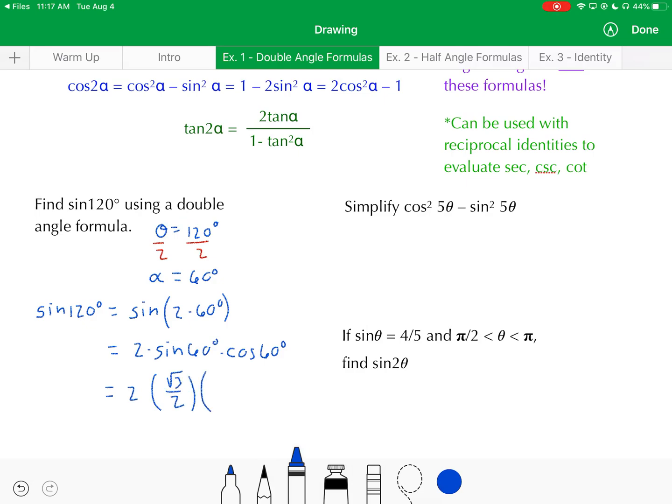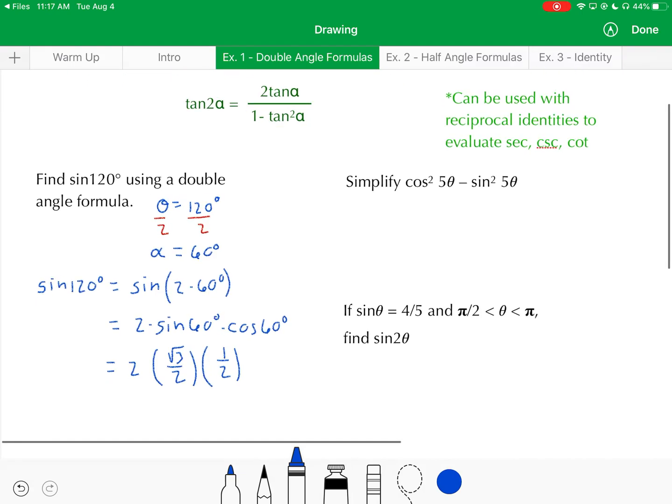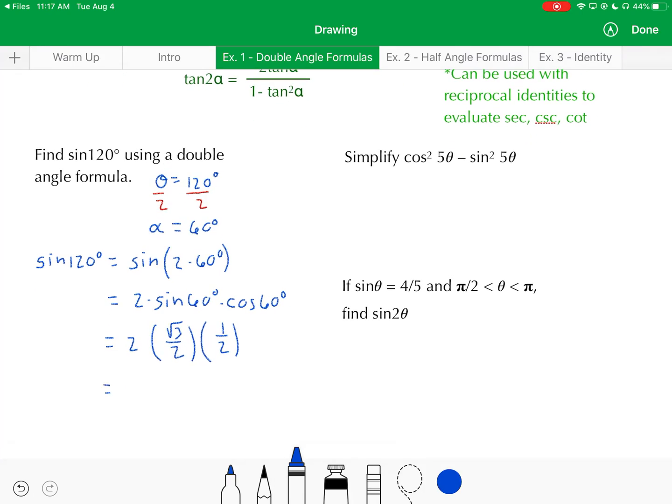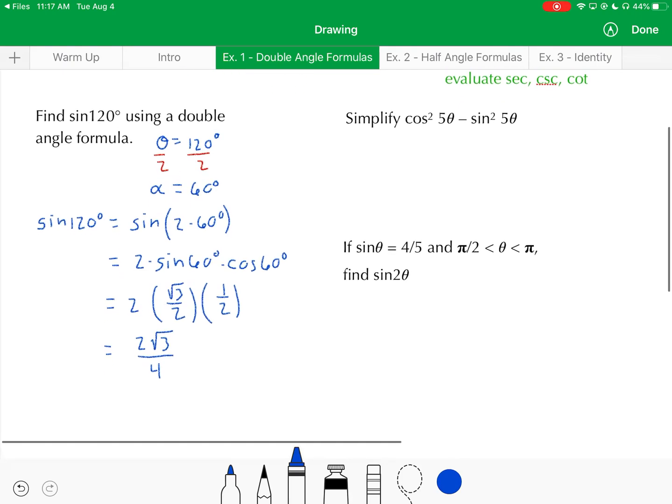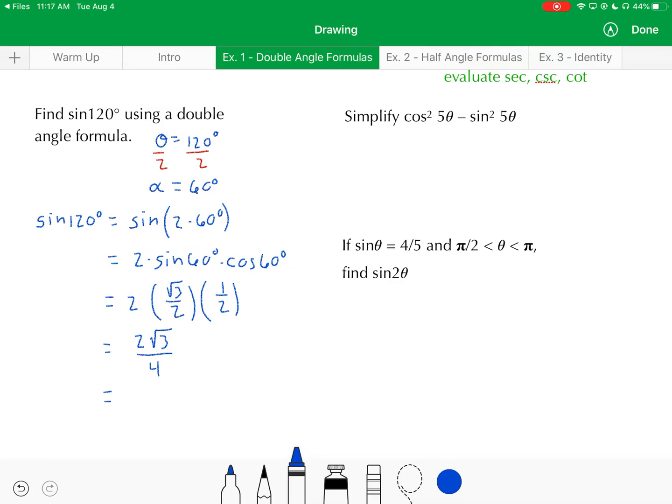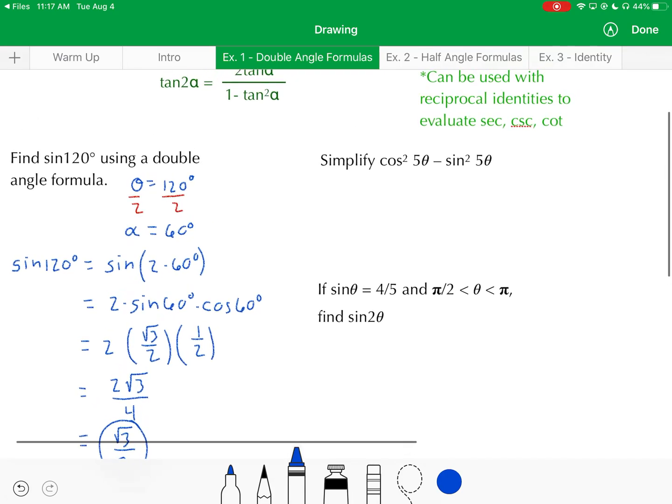Cosine of 60 degrees is 1/2. All right, so we're going to wind up with 2 radical 3 over 4, which simplifies to radical 3 over 2.